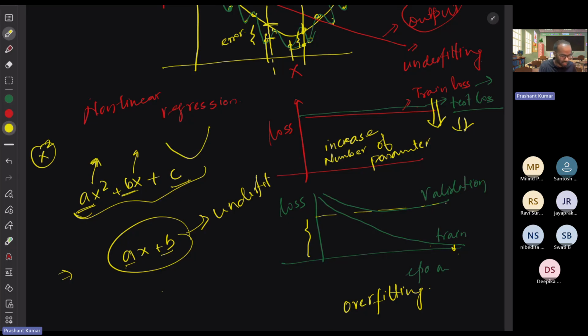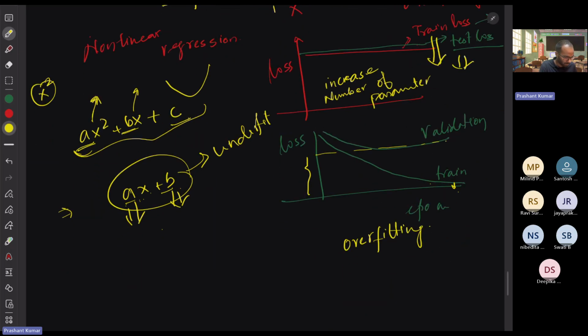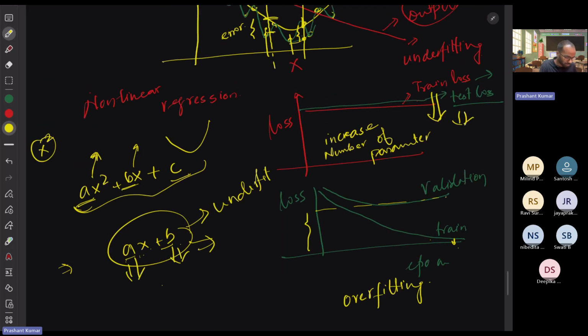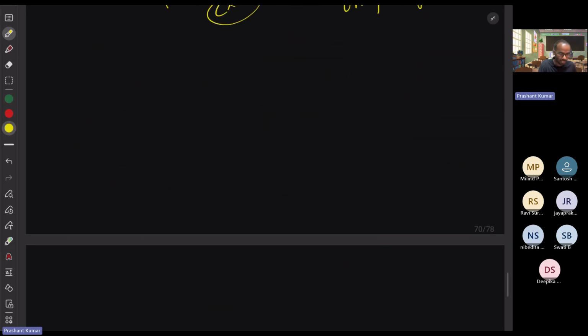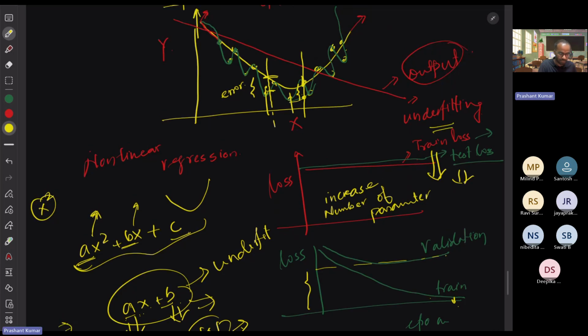However, if you are giving only a and b as parameters, and my data says that my relation is parabolic, then this linear relation will never train the parabola, right? In that case, you need to increase the number of parameters, something like cx square, or just create some nonlinearity using the neural network, and that will train the cx square, right? So that is about the underfitting.